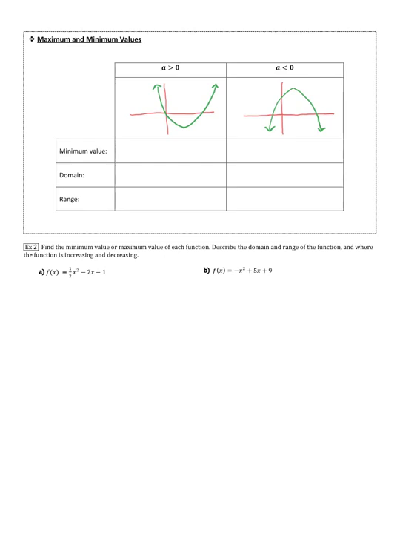So notice that if a is greater than 0, that is going to result in my having a minimum value down here. That's the lowest value. It's like the bottom of the hole that you dig in the sand. And if a is less than 0, since my graph is upside down, that's going to give me a maximum value. It's like the top part of the hill or the highest that the ball is thrown.